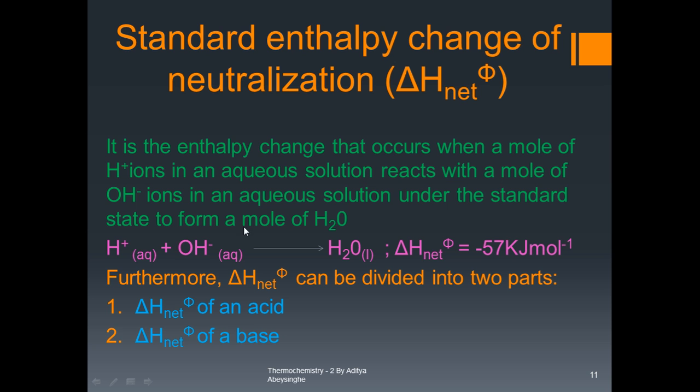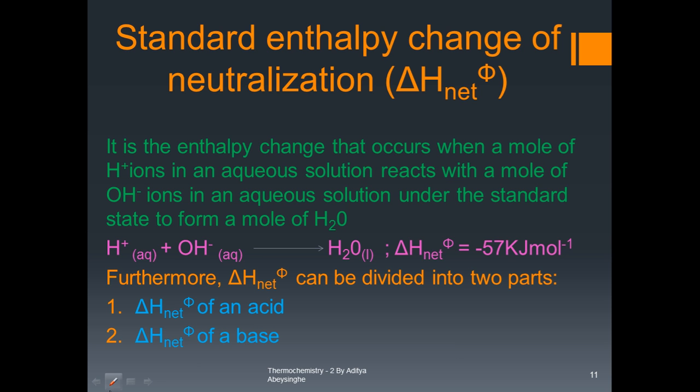When such an acid and a base react and form water, the general enthalpy change for such a reaction is calculated as minus 57 kilojoules per mole.